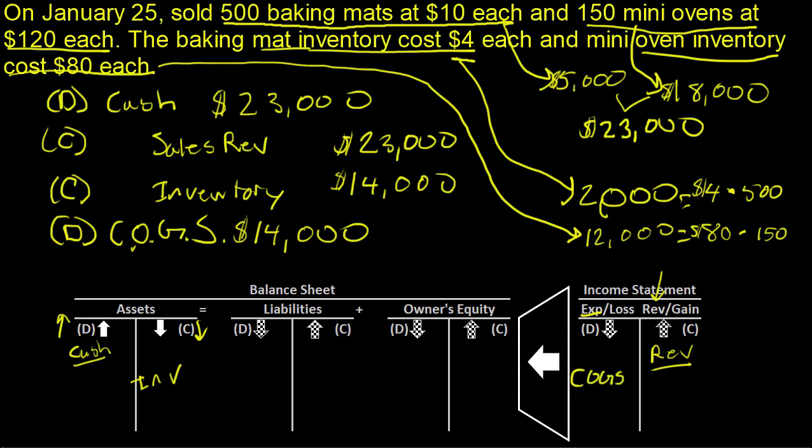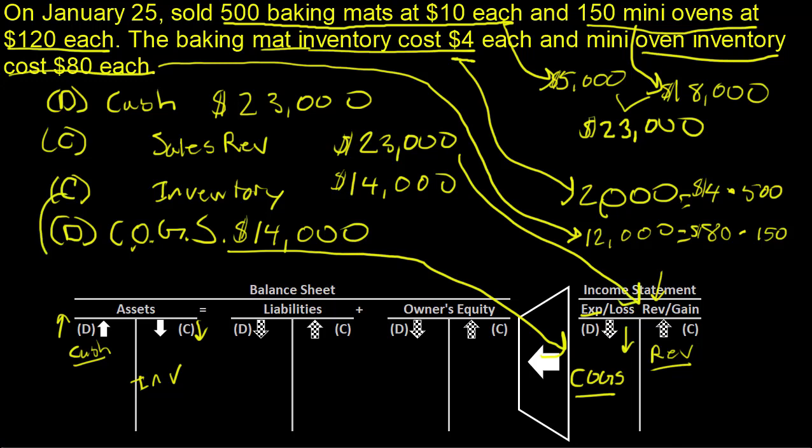And that's reducing value in our income statement. So the cost of goods sold entry ends up here. The sales revenue ends up here. And then the resources related to those two entries, inventory ends up here, impacting this account, and the cash ends up impacting assets by going up.